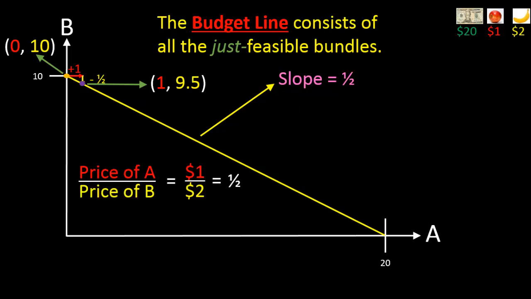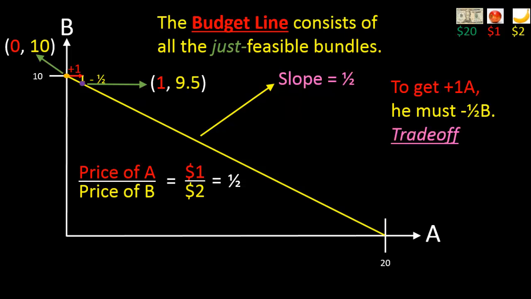Well, in fact, it's just the ratio of the price of an apple to the price of a banana. Apples cost half as much as bananas. So in order for Chris to get 1 additional apple, he needs to give up half a banana. This reflects precisely the trade-off between apples and bananas. To get 1 more apple, he must give up, or trade off, half a banana.